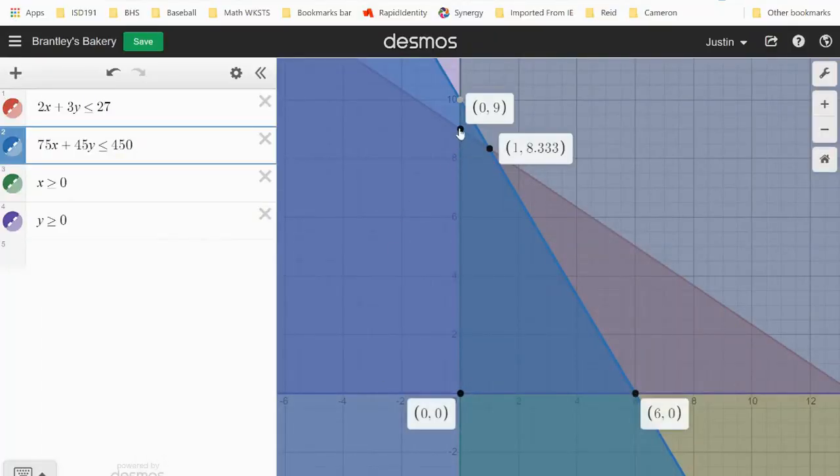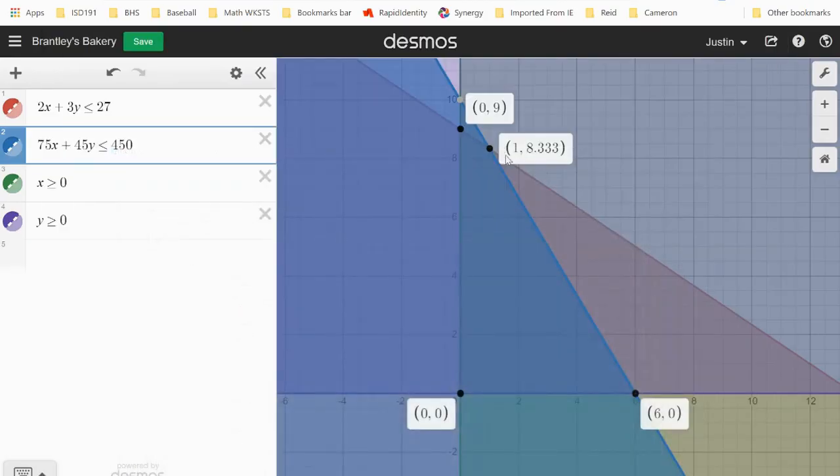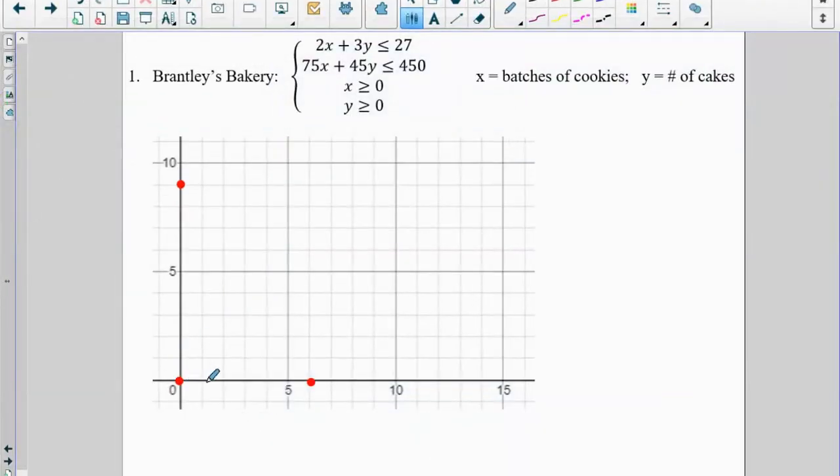And then I want to put a dot at 0, 9, 0, 0, 6, 0. And then that last one was at 1, 8.333. So 1 and then 8.333 would be just a little bit above the 8, right in there.